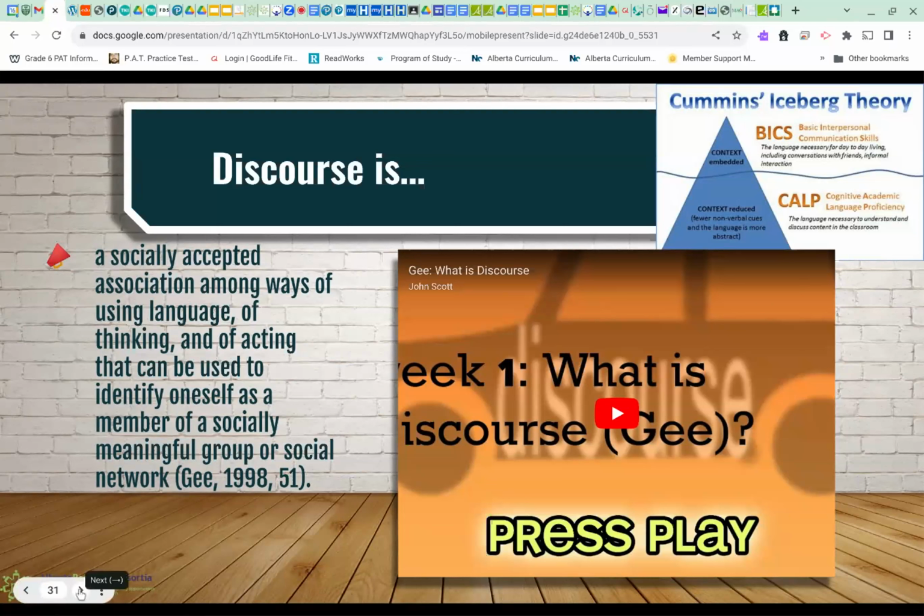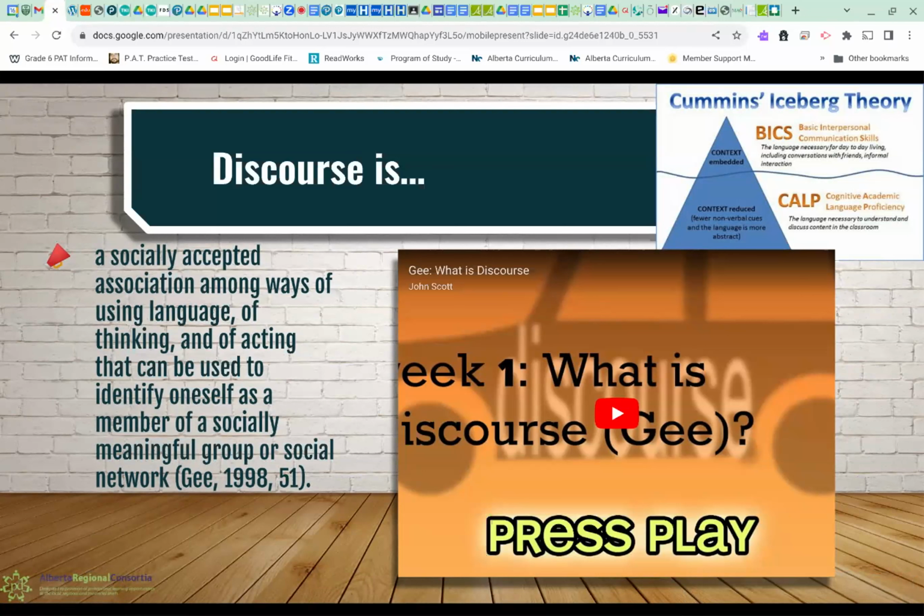So discourse, it's that socially accepted association among the ways of using language, of thinking, and of acting that can be used to identify oneself as a member of a socially meaningful group or social network. So, there's discourses in all different languages. There's discourses in English. There's discourses in the classroom as well.